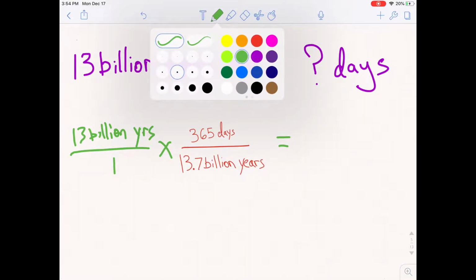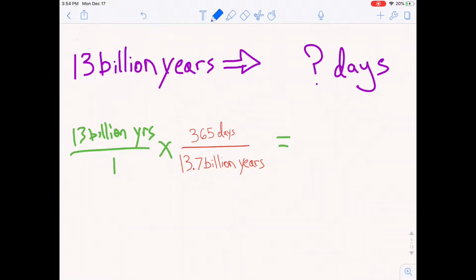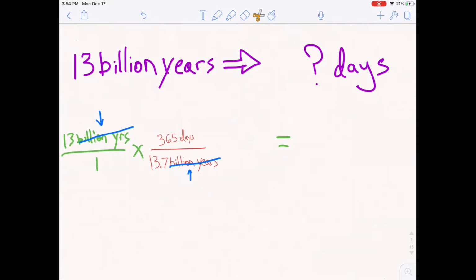Let me use blue for canceling. It looks like that billion years is going to cancel with that billion years, because this is in the numerator and that's in the denominator. Let me just shrink these up so I have more room to write on the right side of this equation.